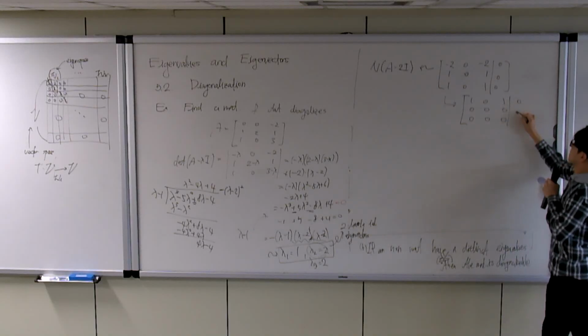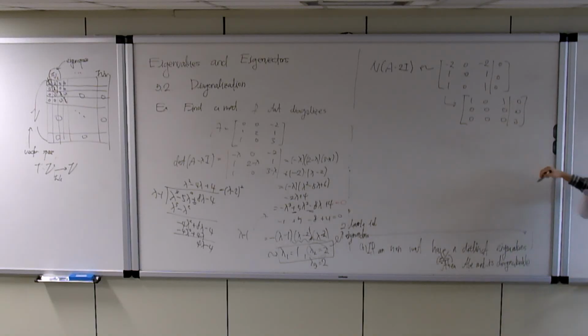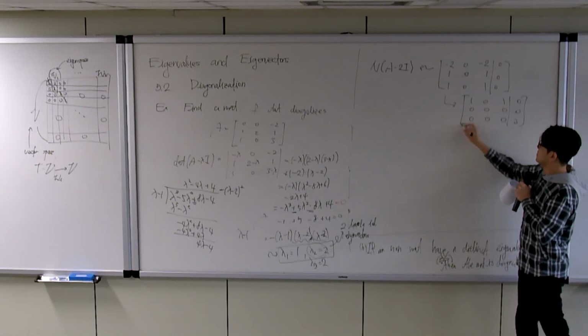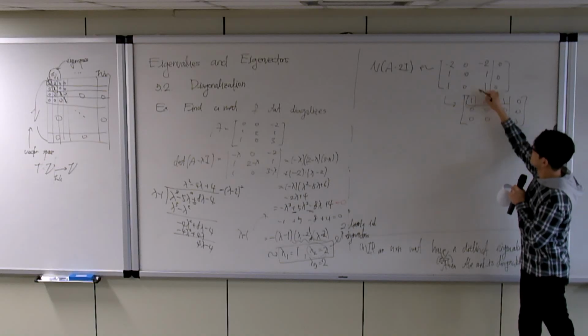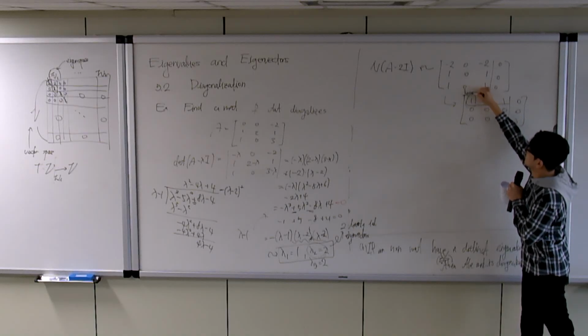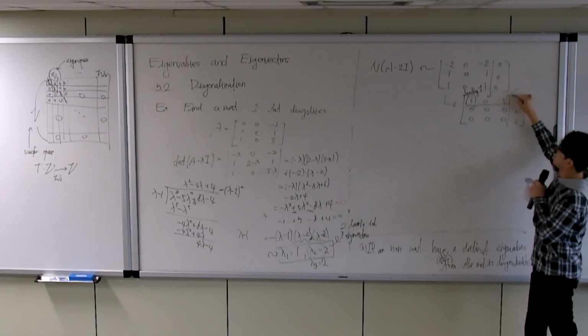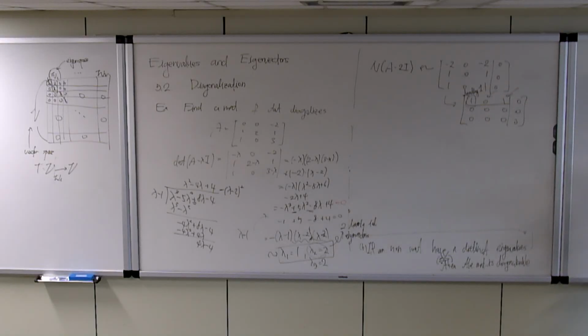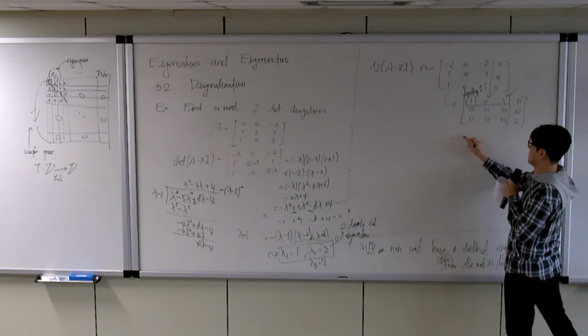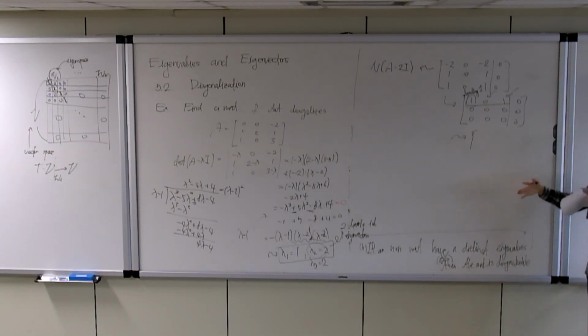Let's show that. For the eigenvalue lambda equal to 1 case, the null space could be given by the augmented matrix minus 1, 0, minus 2, 1, 1, 1, 1, 0, 2. Right?